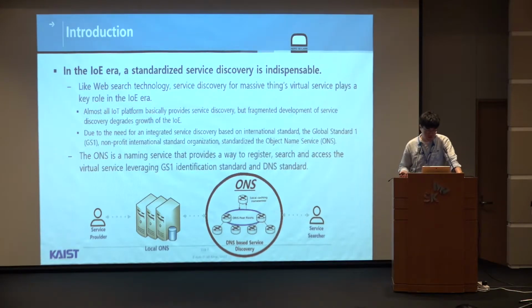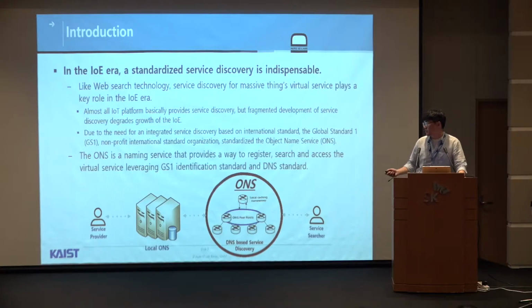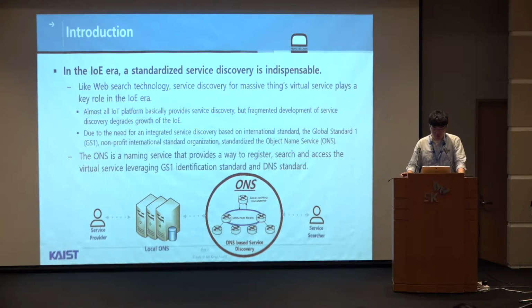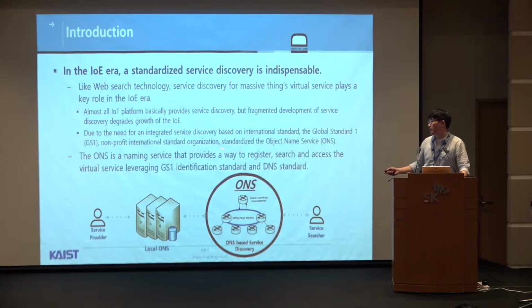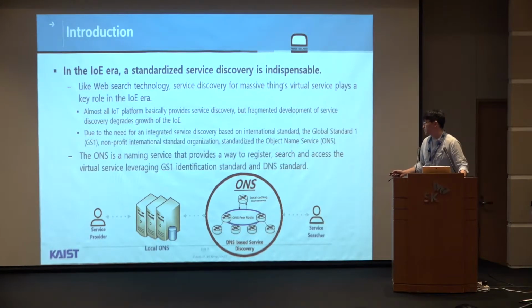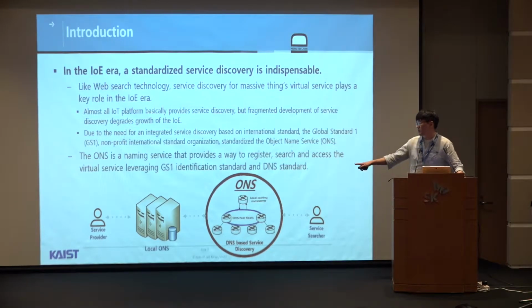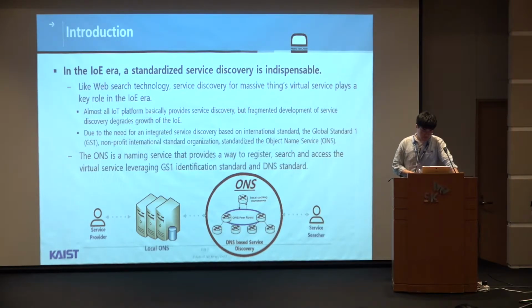Due to the need to integrate service discovery systems, fortunately, based on an international standard, GS1, which is a non-profit international standard organization, standardizes the object name service, a naming service that provides a way to register, discover, and access virtual services leveraging the EPC identification standard and the DNS protocol. So this is an overview of ONS.